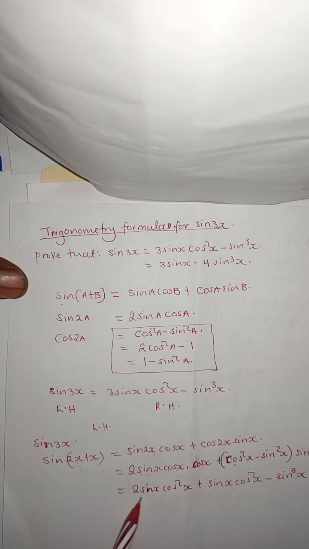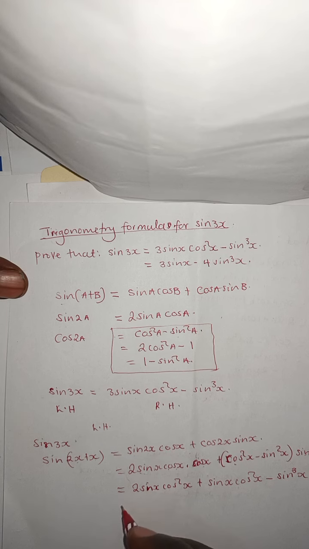Now look at the first two terms, 2 sin x cos squared x plus sin x cos squared x. They are like terms, therefore combine them.